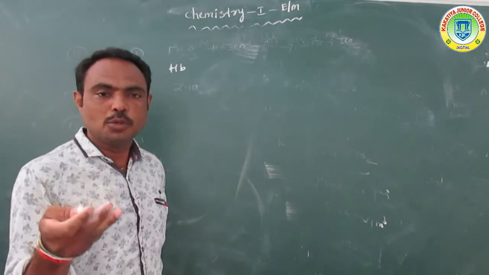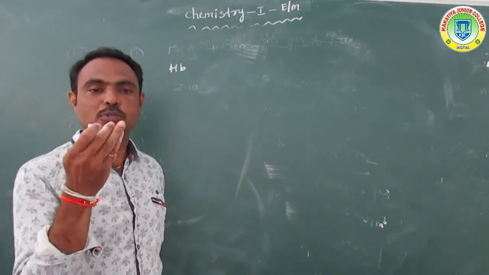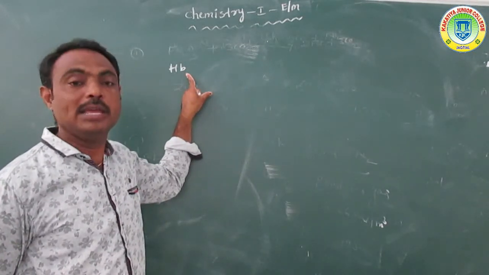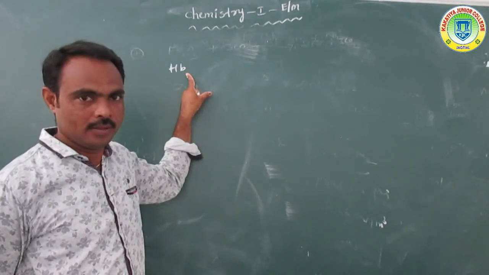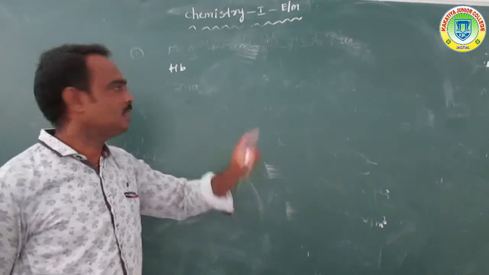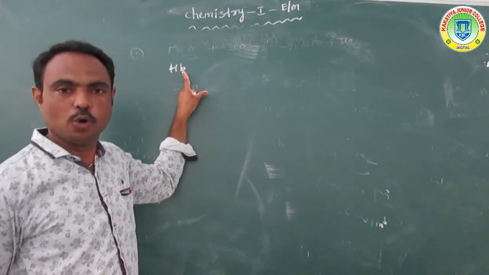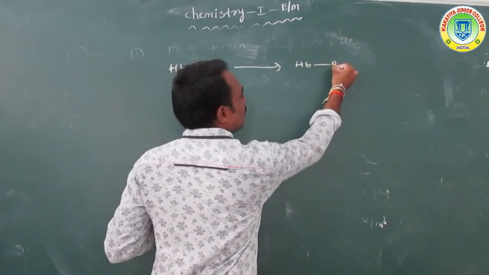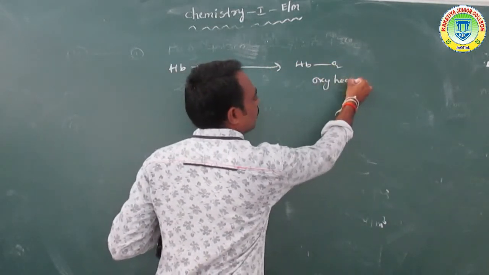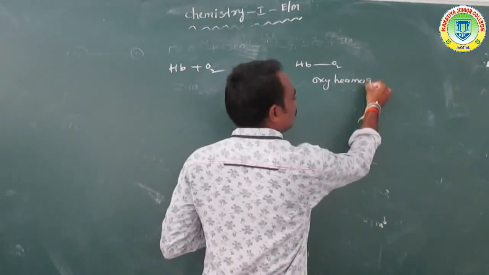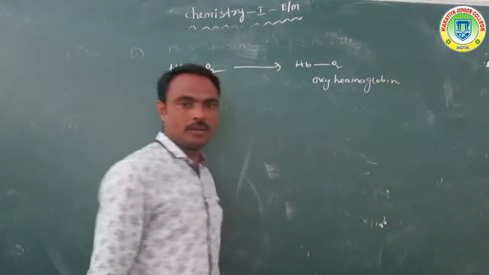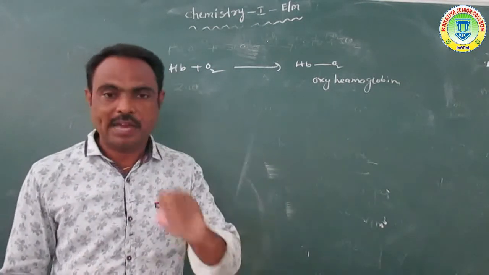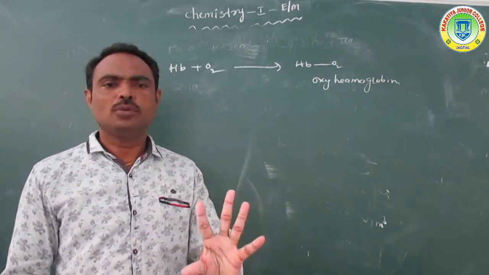When we breathe oxygen, that oxygen combines with hemoglobin in our blood to form oxyhemoglobin. That oxyhemoglobin is transferred continuously in our human body to give energy.